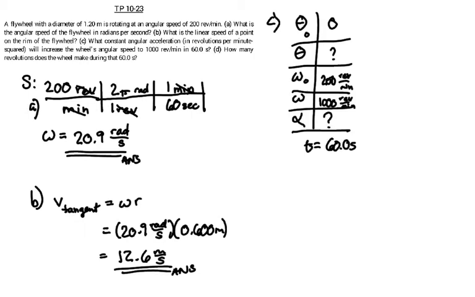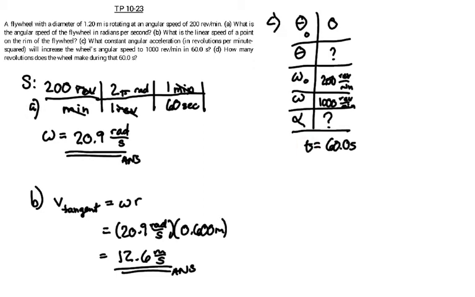All right, so here's my kinematics table. I have my initial angular position, I have my final angular position, I have my initial angular speed, my final angular speed, and my angular acceleration, with an elapsed time, in this case, of 60 seconds.